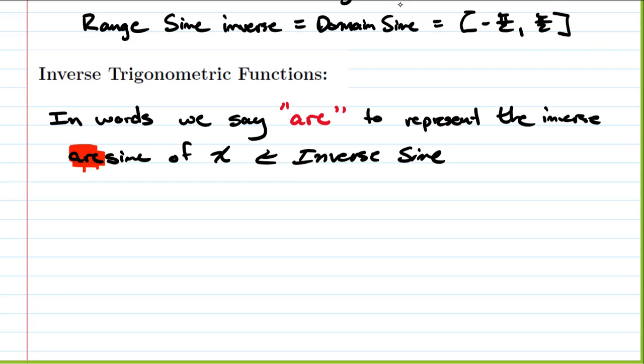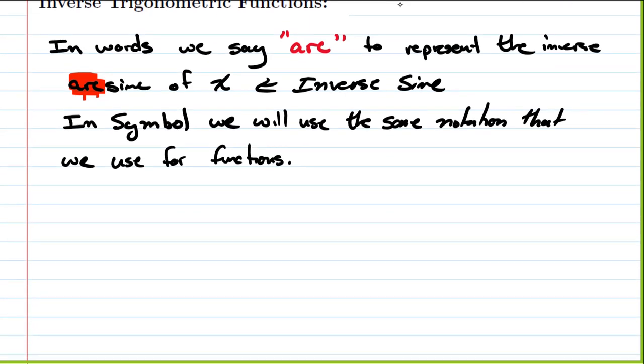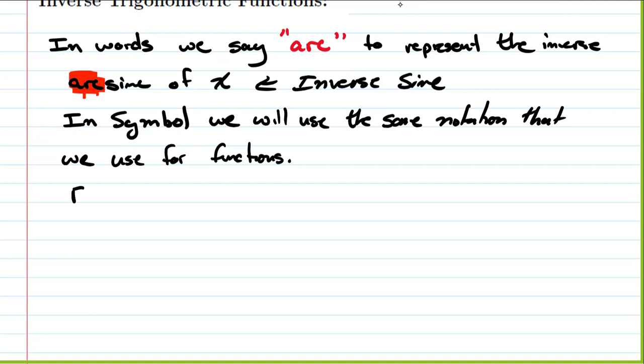So in symbols, we will use the same notation that we use for functions. So for f, we write f inverse of x, right?